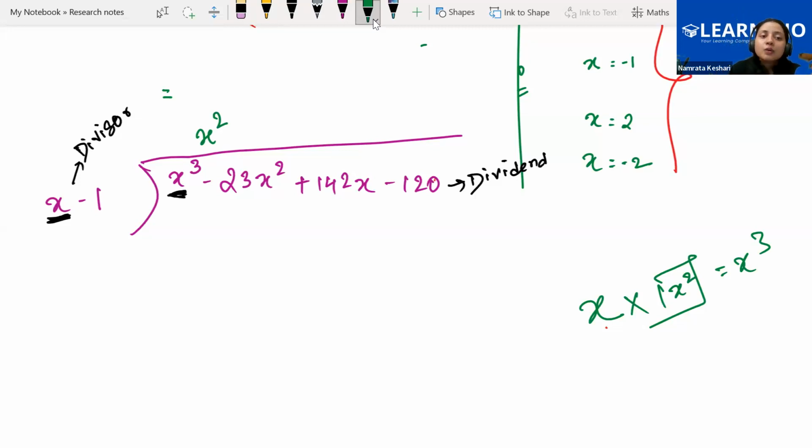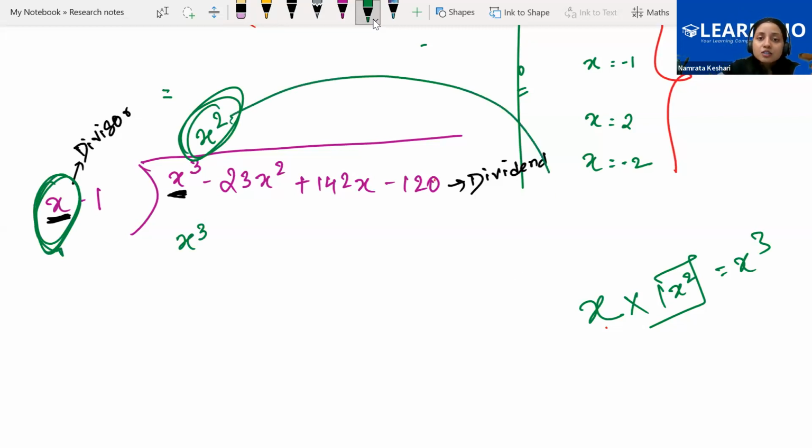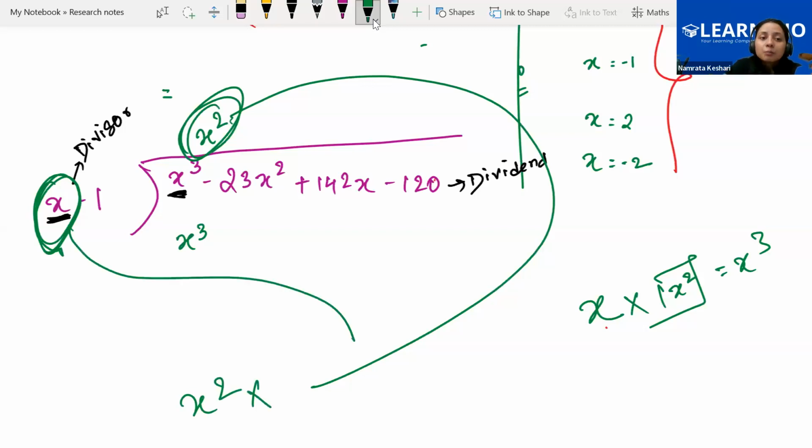But our divisor is not just x, our divisor is x minus 1. So you need to multiply x square with the complete divisor, x minus 1.